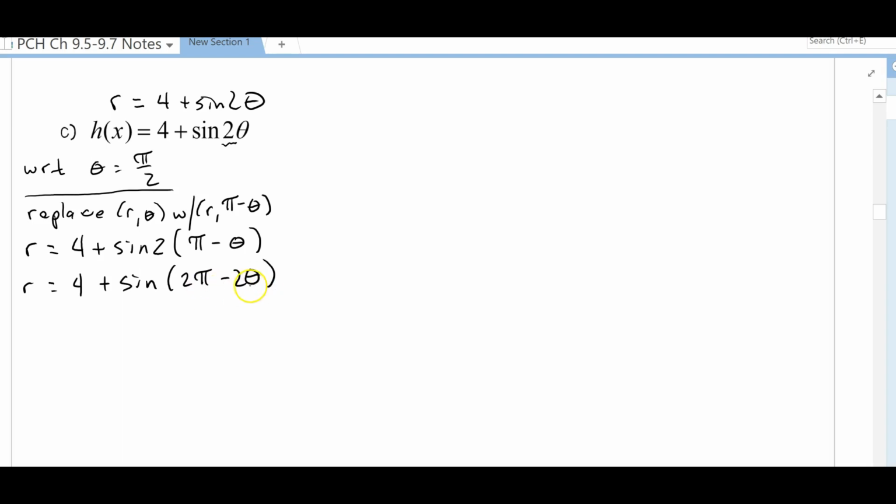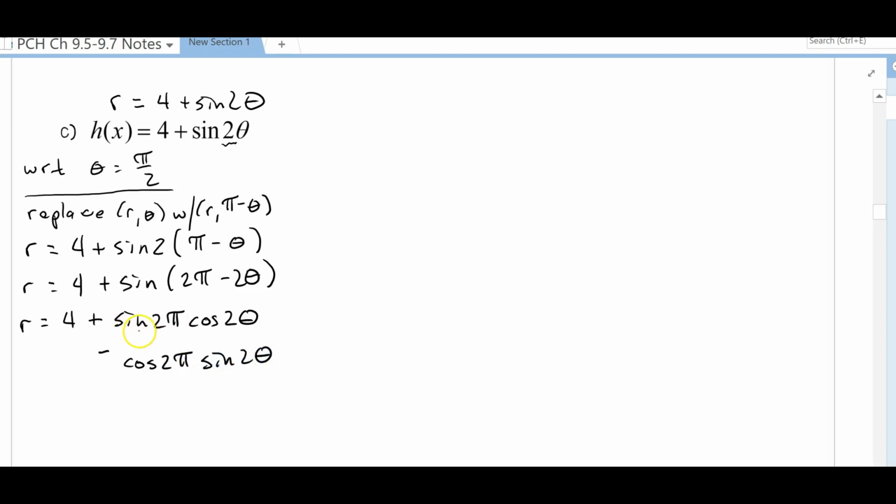Alright, and we can simplify this using our sum and difference formulas. So we have r is equal to 4 plus sine 2 pi cosine 2 theta minus cosine 2 pi sine 2 theta.